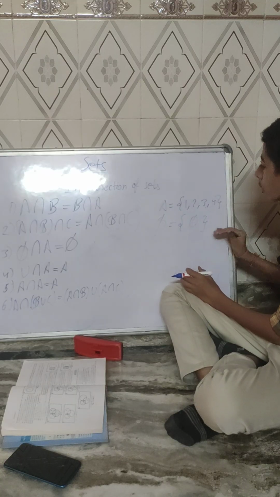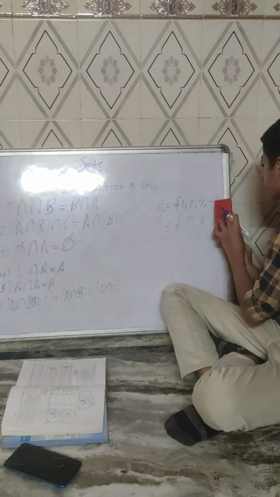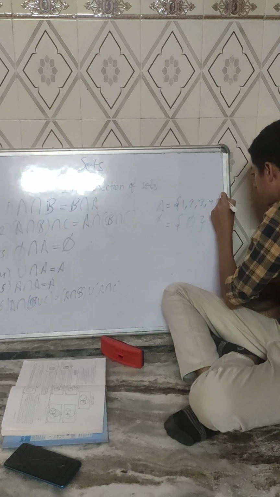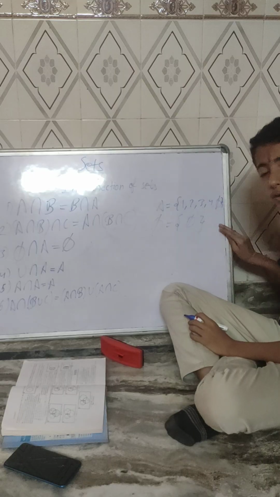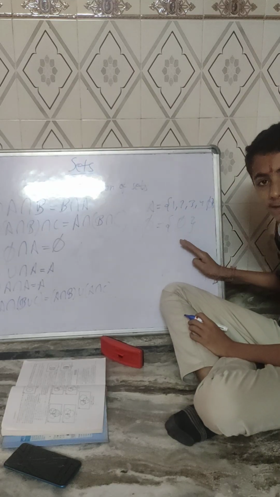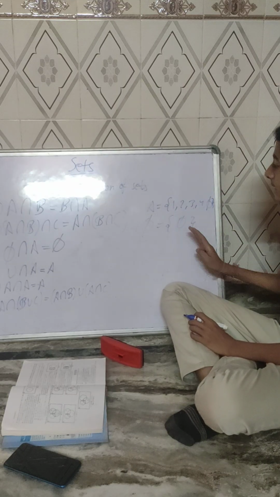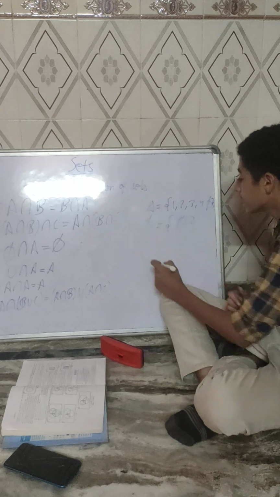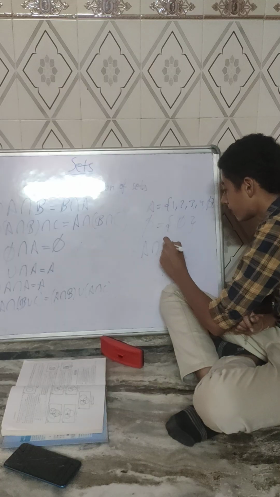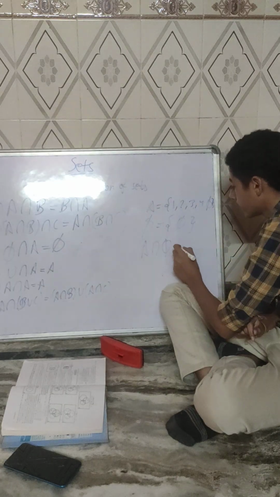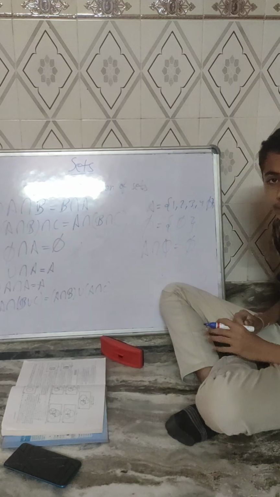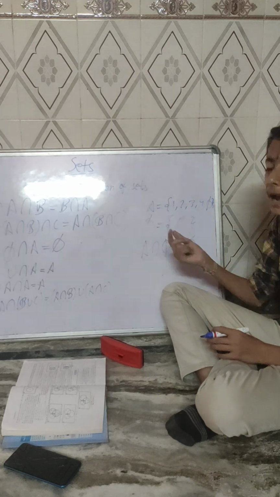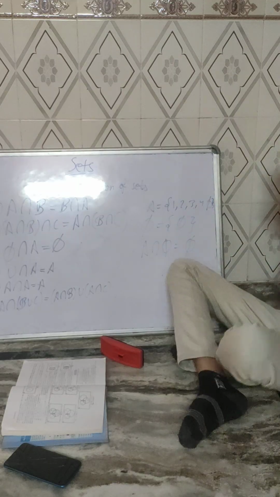Now there is nothing common between them, or we can say that phi is a part of every set, so set A also has a phi, and set phi has a phi. Other than this phi, set A and set phi do not have any other element. So A intersection phi or phi intersection A will give us phi.